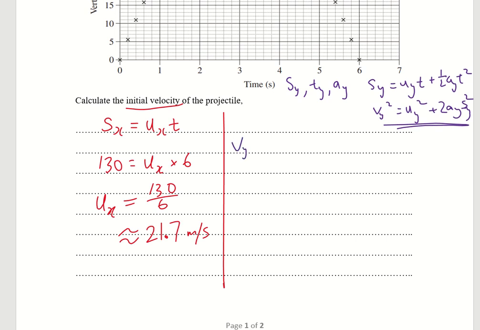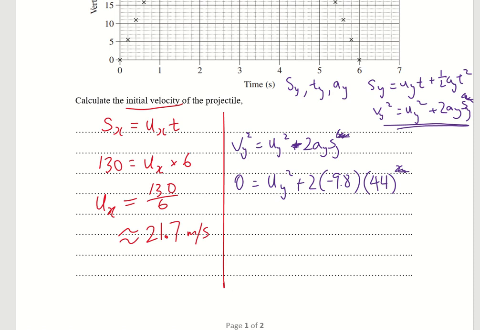So vy squared equals uy squared plus 2as. V is 0, so that's 0 squared. Then 2 times minus 9.8 times the displacement, which is 44 going up. There's no squared there, no squared there. So I move the equation over, subtracting both sides by this value.